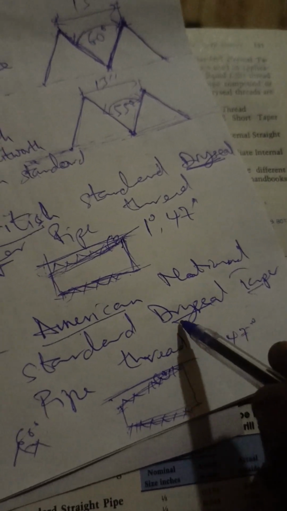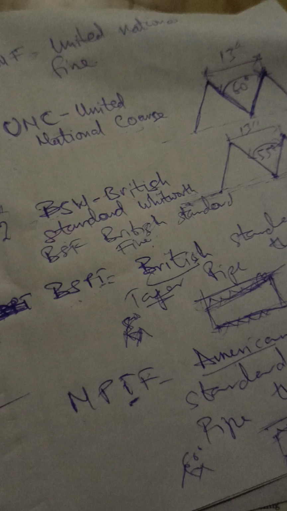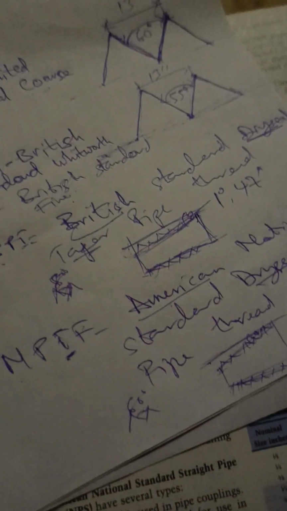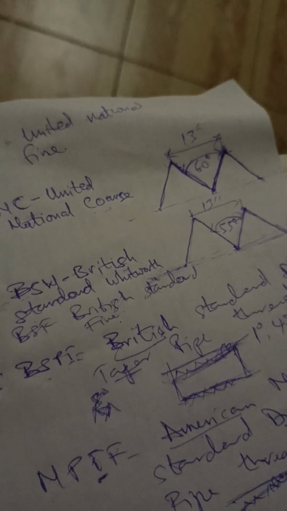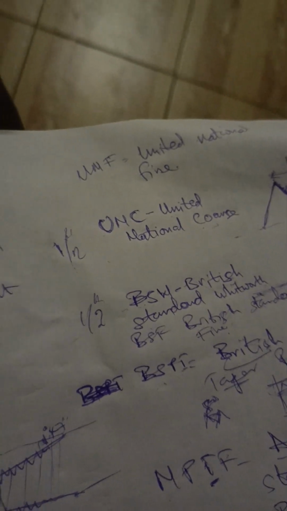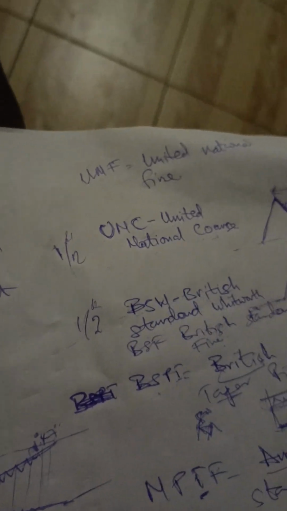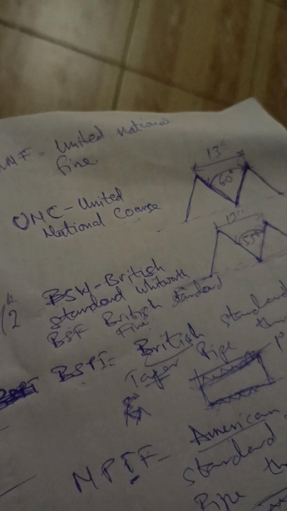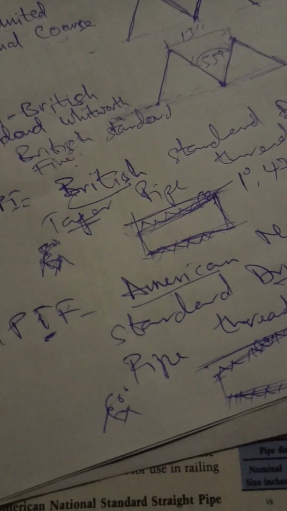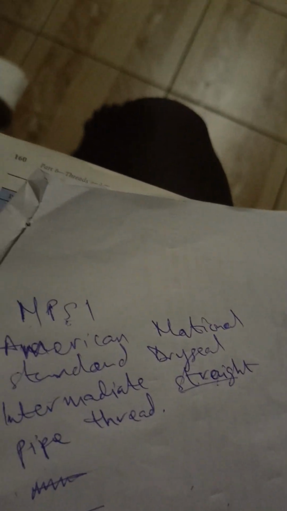Anytime you come across this dry seal, it means that it is mostly for pipe fittings. It is used mostly on pipe fittings. So if you see dry seal, it means that it's for pipe fittings.